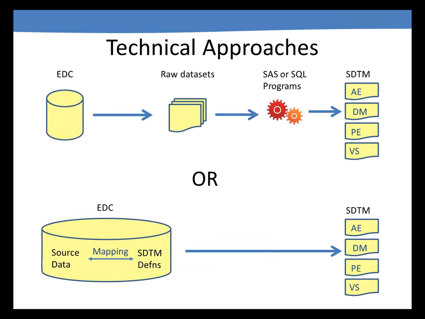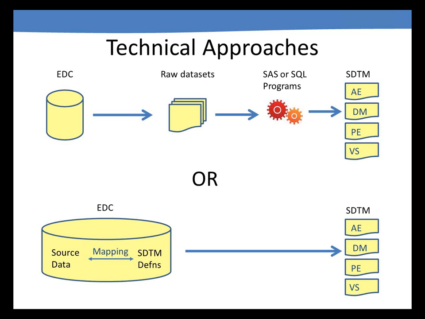So now let's look at the technical approaches for producing these. The top is the classic extract, transform, and load, where you run your study in EDC, you produce raw data sets, and then you just write procedural programs. Most common tools are SAS or SQL that collect the data and do various formulae calculations and then produce these data sets.